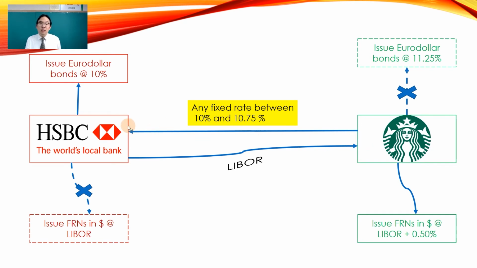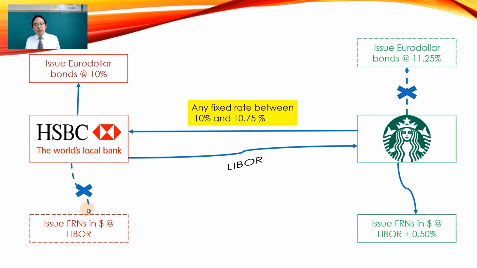They just pay this amount to HSBC. In exchange, HSBC borrows from the fixed rate bond market at 10% and swaps the interest payment obligation to Starbucks, so that HSBC pays floating interest of LIBOR to them, instead of directly borrowing from the LIBOR market.